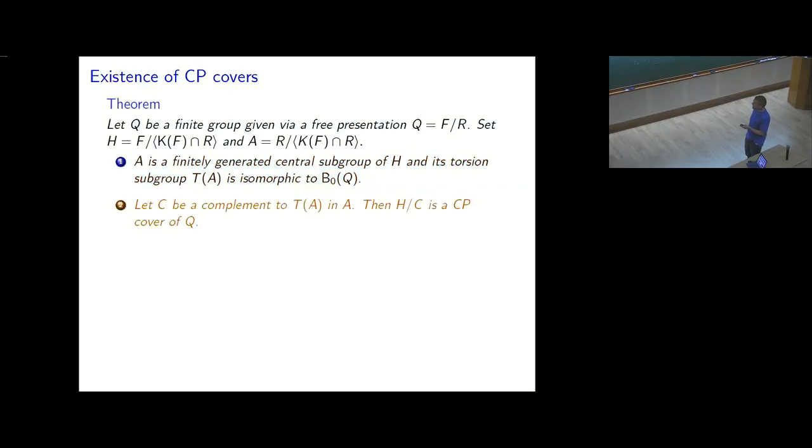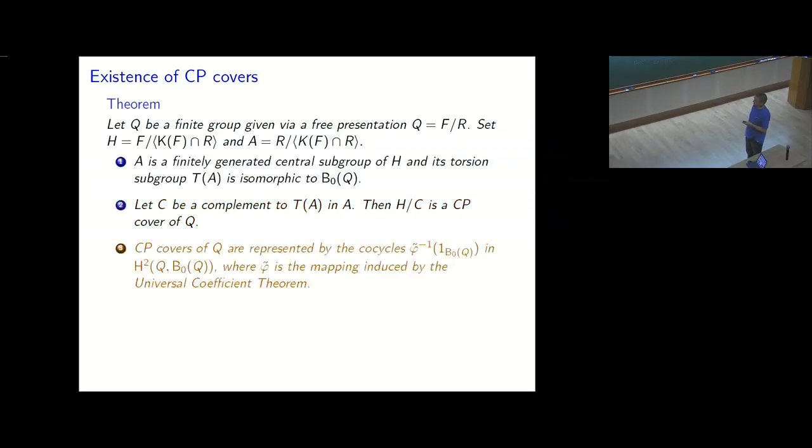And here you have a construction of a CP cover. This is precisely the same as in the case of Schur multipliers. You take the complement of this one in here, and you take the quotient of this H by this complement. In this way you get a covering group. And this is just a consequence now. So how do you get all the CP covers of Q?